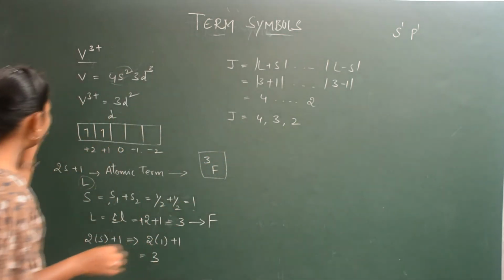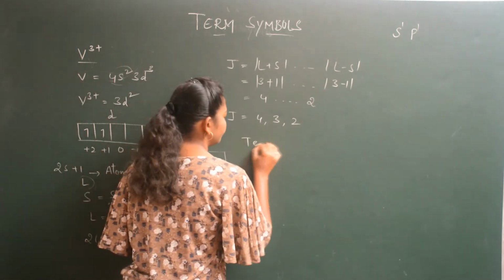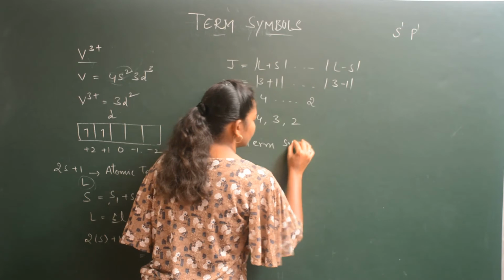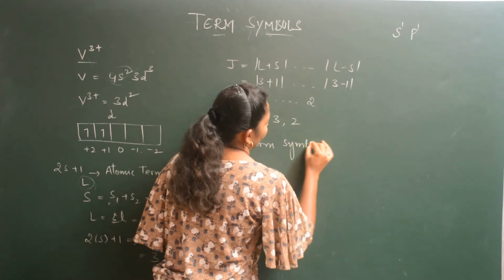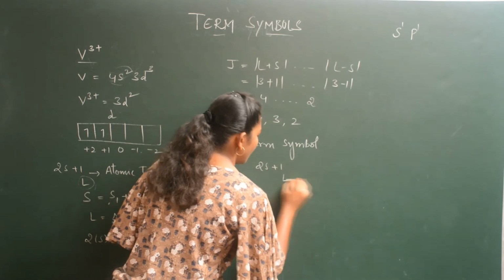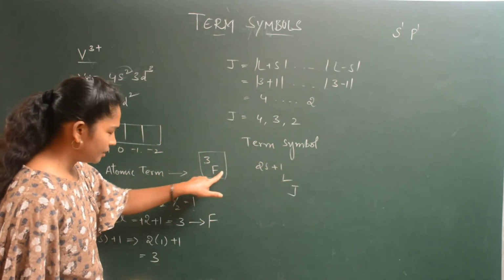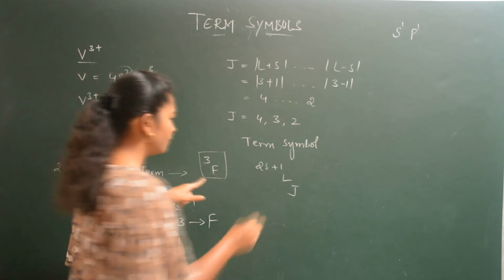Now how will you write the term symbol? The term symbol is 2S plus 1 L J, right? So this is the atomic term.